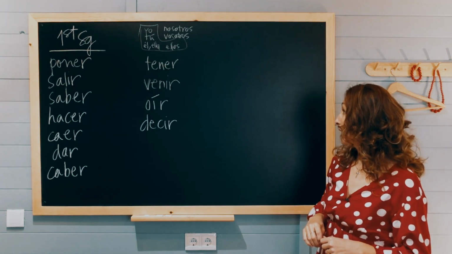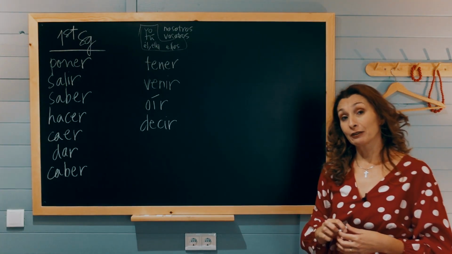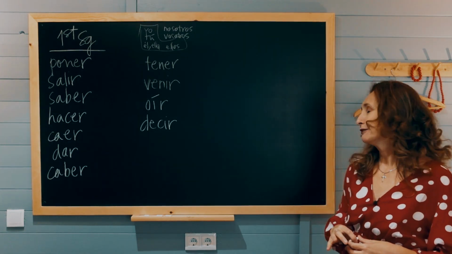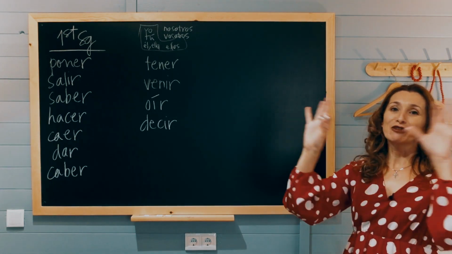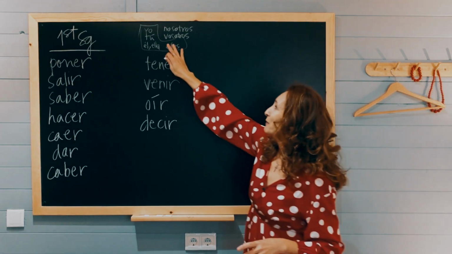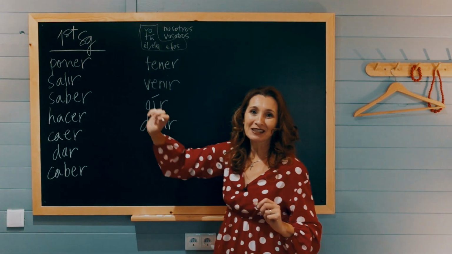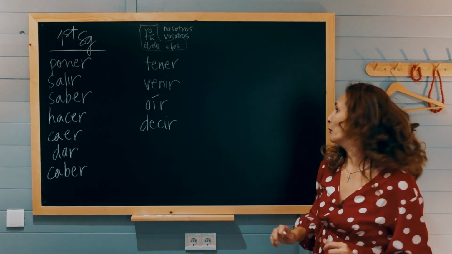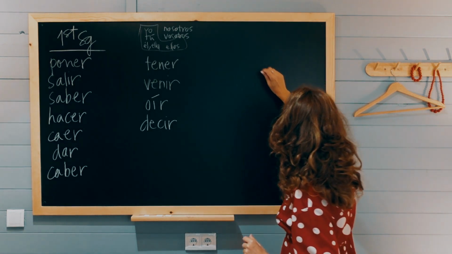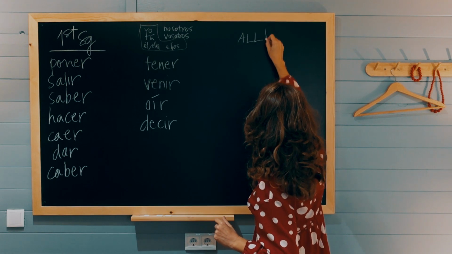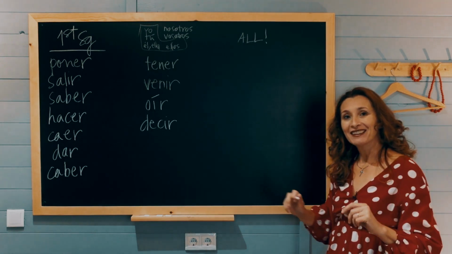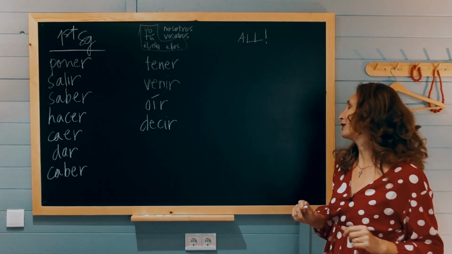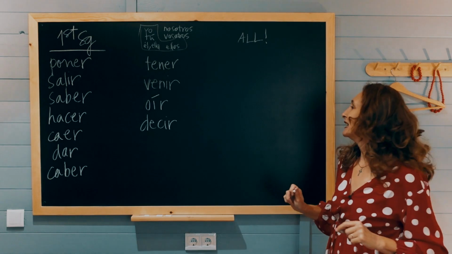And then there's another group of these really irregular verbs where every single person is affected. We're not talking only about the first person singular, we are not talking only about the boot, we are talking about all. So there are two verbs where all of the persons, the three in singular and the three in plural, will all be irregular.